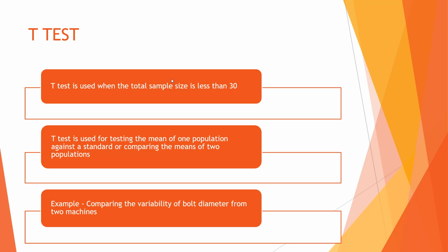Next, T test is used for testing the means of one population against a standard or comparing the means of two populations. See the example. Comparing the variability of bolt diameter from two machines. Now what we are doing, from one population, we are comparing that one population with the two populations. That you should keep in mind.